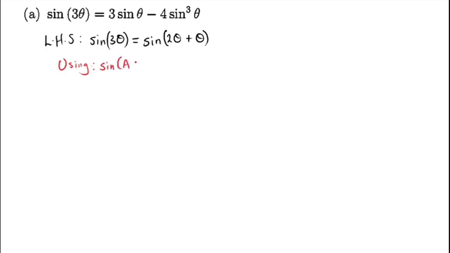If two angles are adding, a plus b, the identity for this is sine a cos b plus sine b cos a. So for this particular question, our a is 2 theta, and our b is theta.